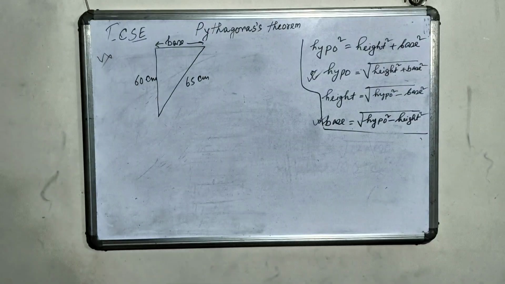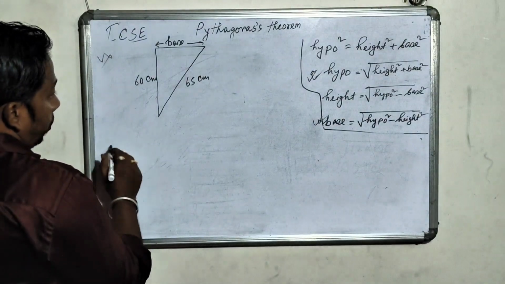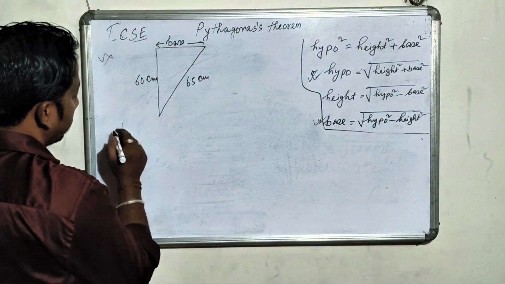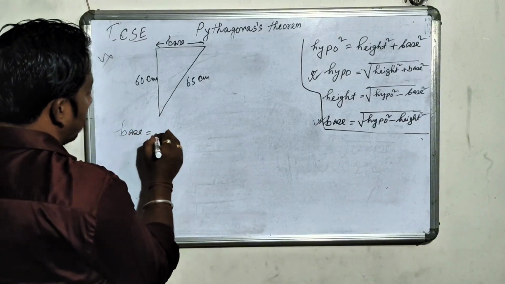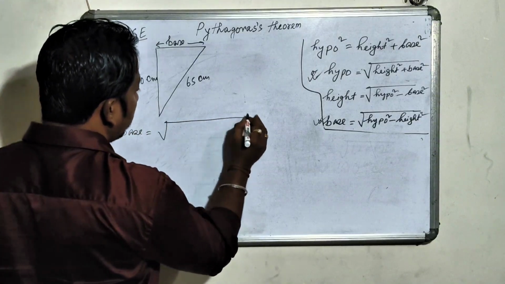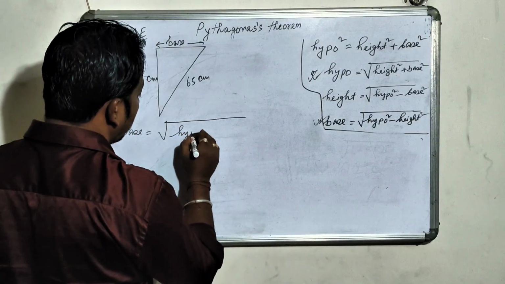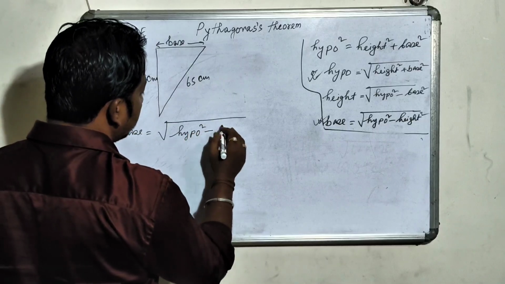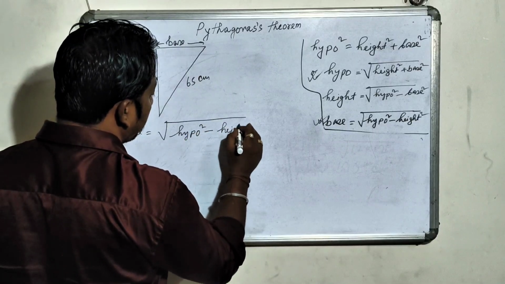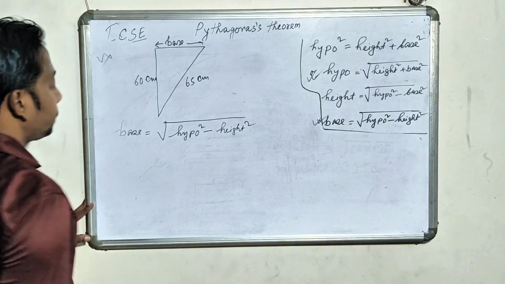Okay. Now, so base equals to root over of hypo square minus height square.